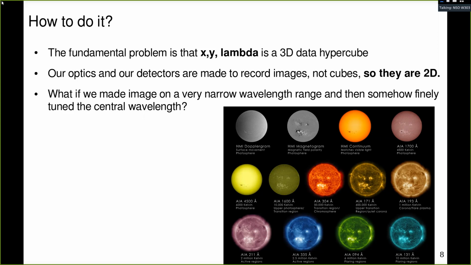But perhaps the most obvious one is just to employ some sort of filter, right? I can say, okay, from my spectrum, I'm just going to isolate one small wavelength region of my intensity, and I'm going to look at it, and then I'm going to change the wavelength. And then I'm going to look at the multiple wavelengths that way.